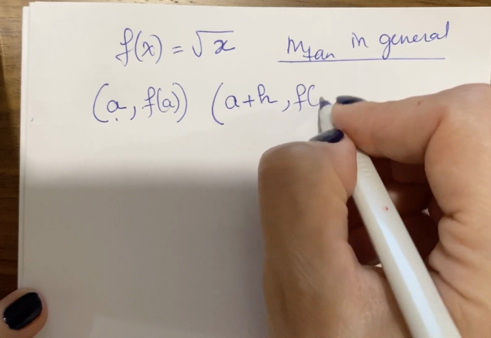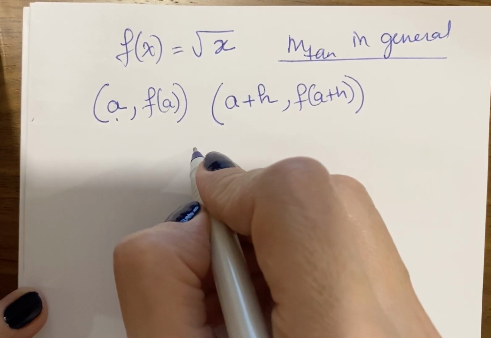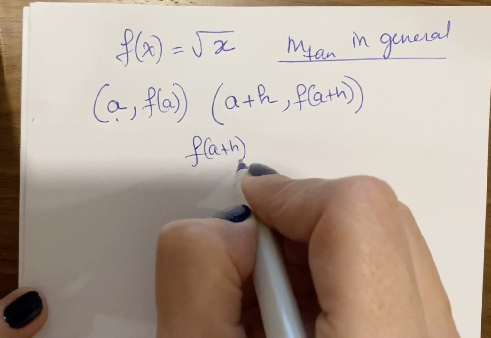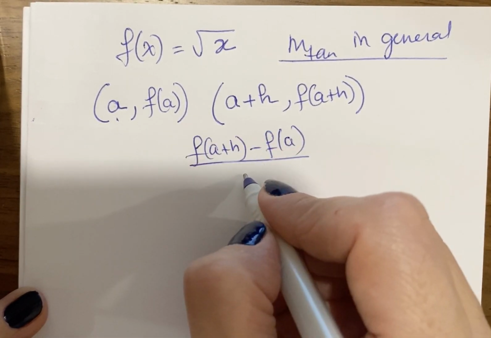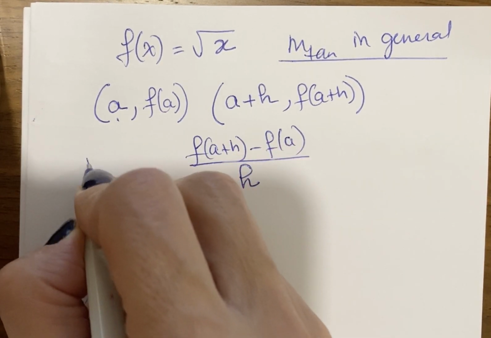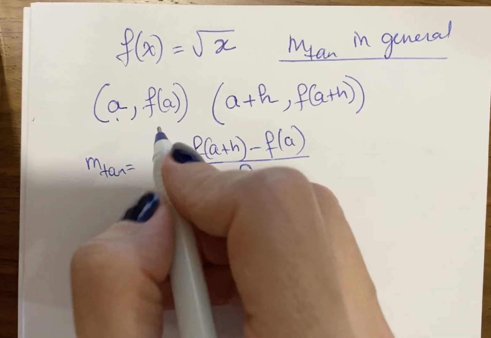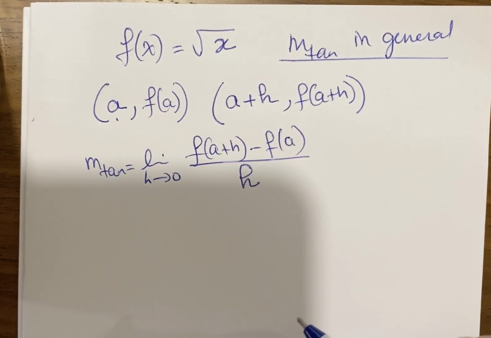And then the y coordinate will be f of a plus h. The slope of the secant is y2 minus y1 over a plus h minus a, which is h. When is this equal to the slope of the tangent? When the 2 points approach each other, which means h approaches 0.